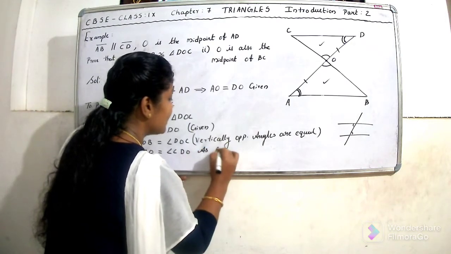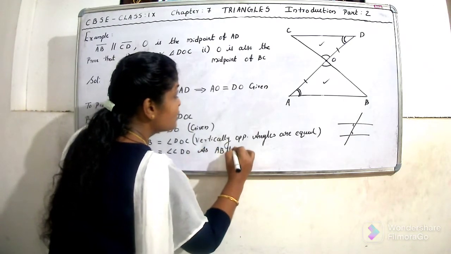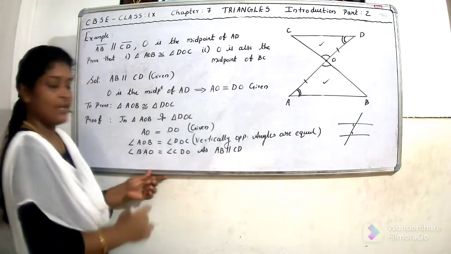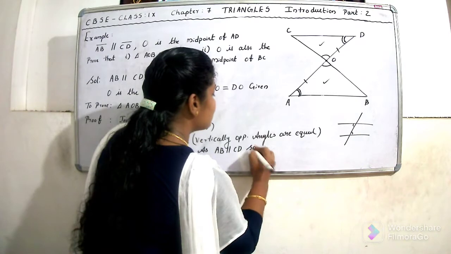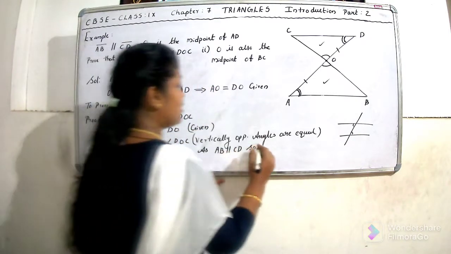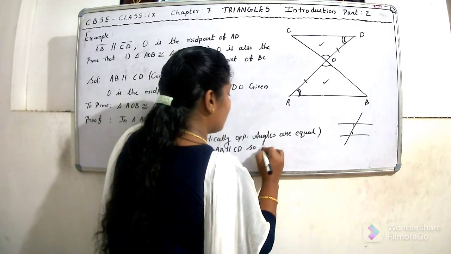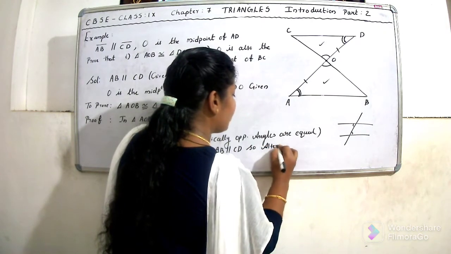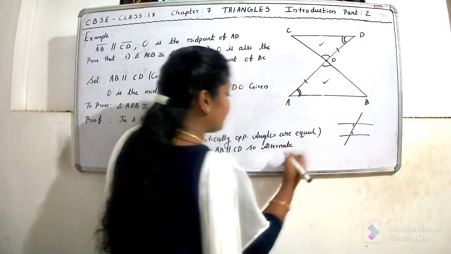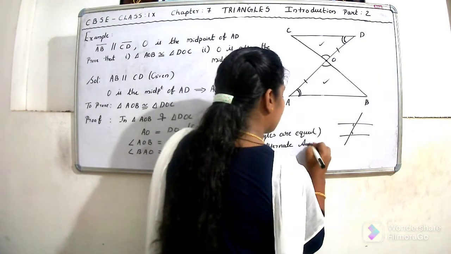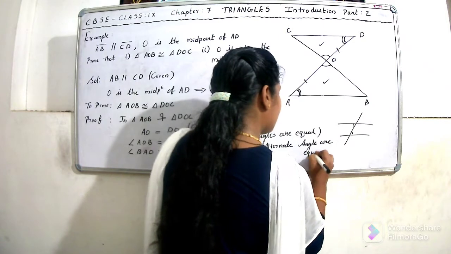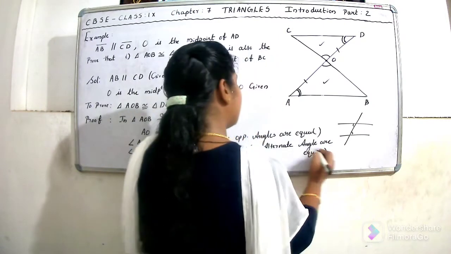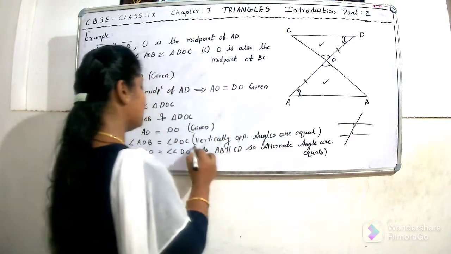As AB is parallel to CD, as given, alternate angles are equal.